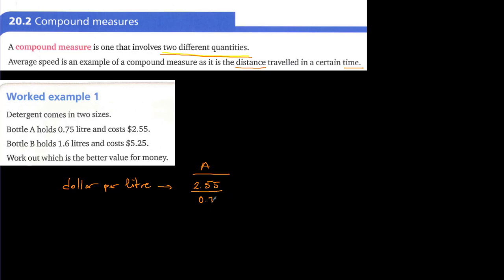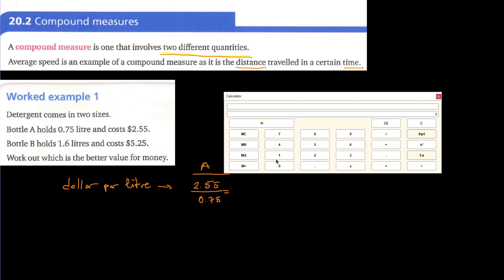The answer, let's use the calculator, 2.55 divided by 0.75, is 3.4. So it means that it's $3.4 per liter.